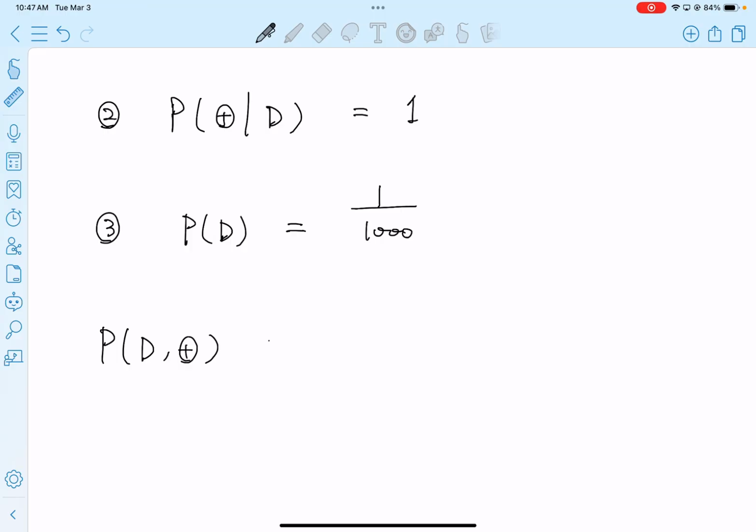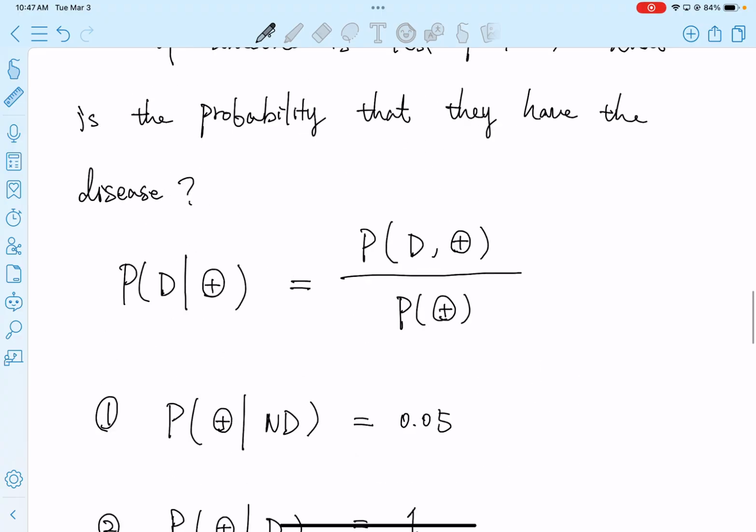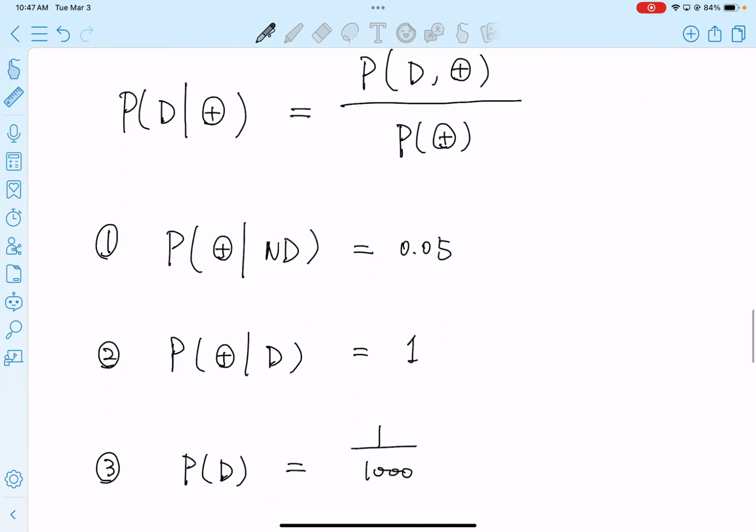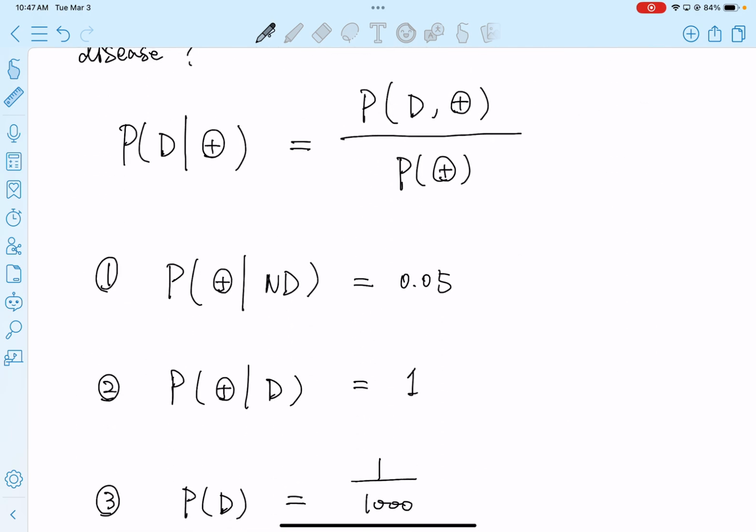We are going to use the conditional multiplied by the marginal. The first time we used the formula, the conditional is equal to the joint divided by the marginal.